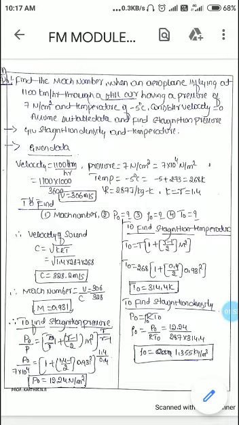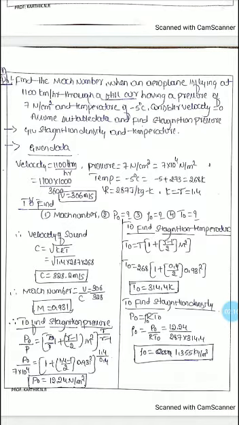Then we need to find stagnation pressure. See, for stagnation pressure there are two formulas, with respect to the Mach number and without considering the Mach number, that we already discussed in the important formulas videos. Therefore, we know that P naught divided by P, where P naught is the stagnation pressure, is equal to (1 plus (gamma minus 1) divided by 2 into M square) the whole raised to gamma divided by gamma minus 1.